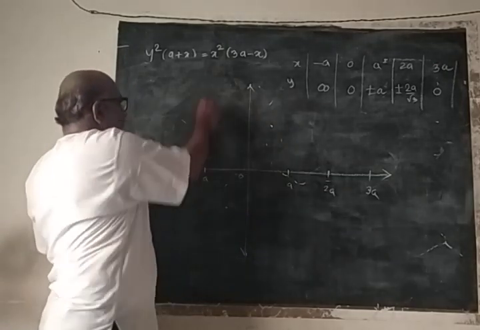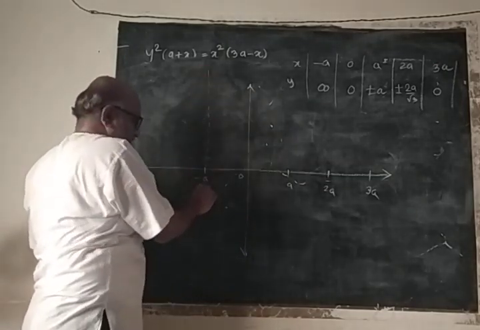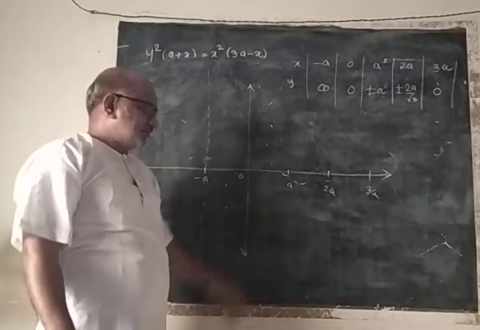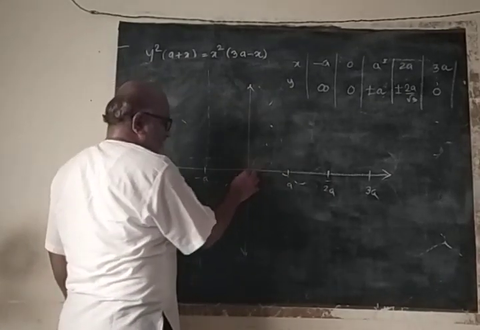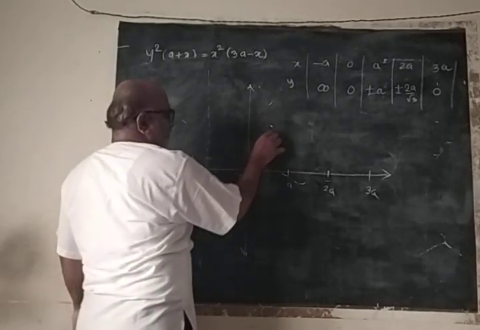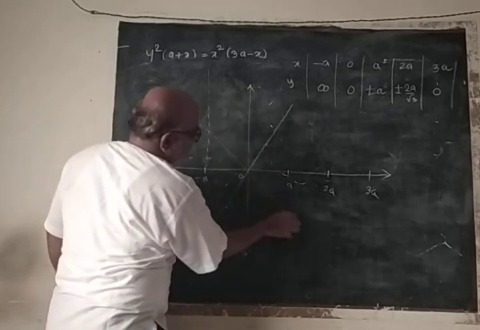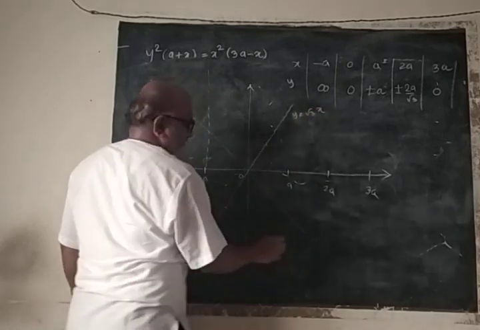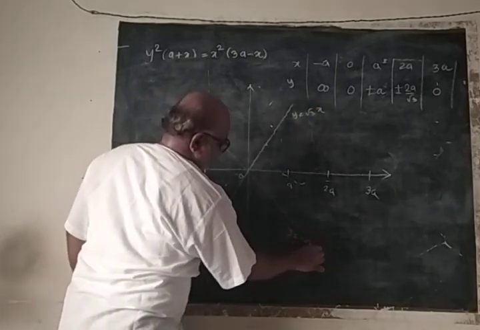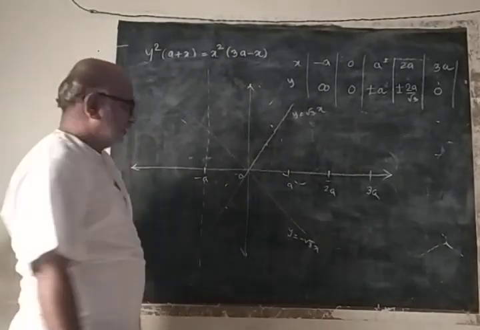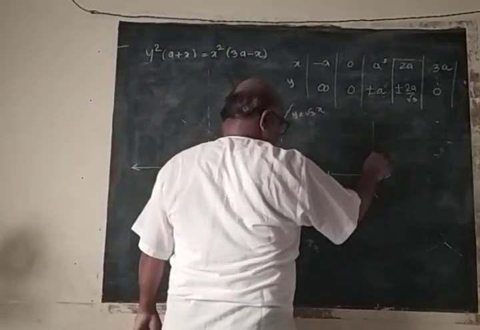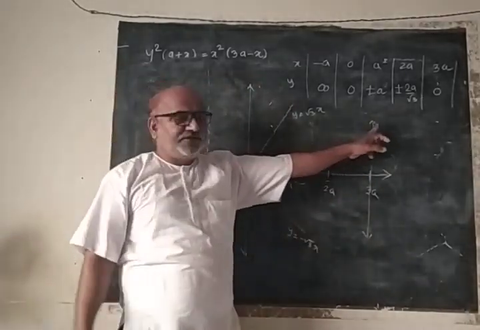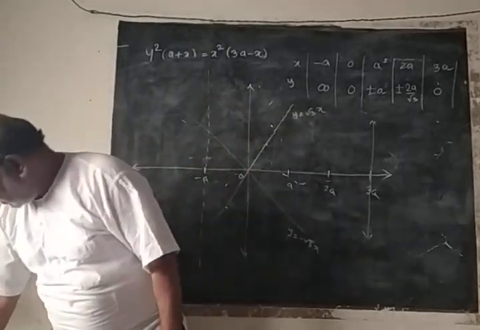Next thing, this is an asymptote: x equal to minus a is an asymptote. The curve is symmetric about x-axis. Here, two tangents are there: y equal to root 3 x, y equal to minus root 3 x. Next thing, the tangent at this position, actually this tangent we also calculated by using dy by dx. These are the tangents and asymptotes.